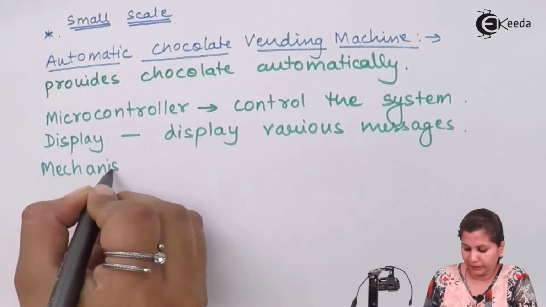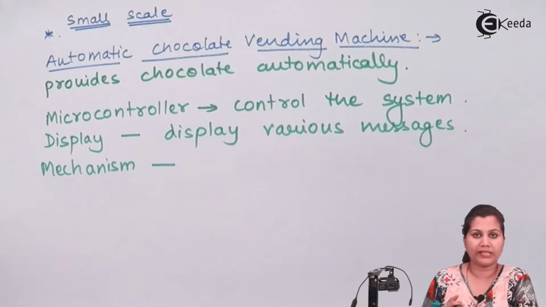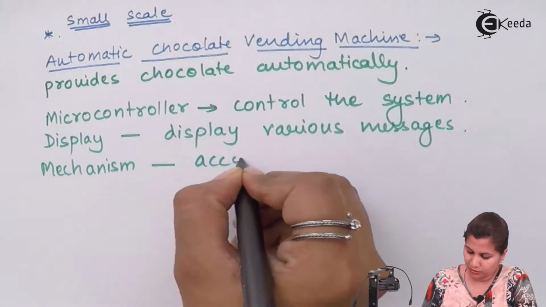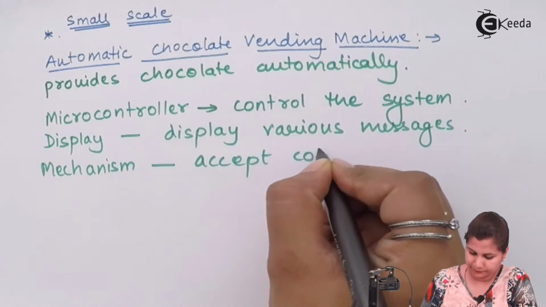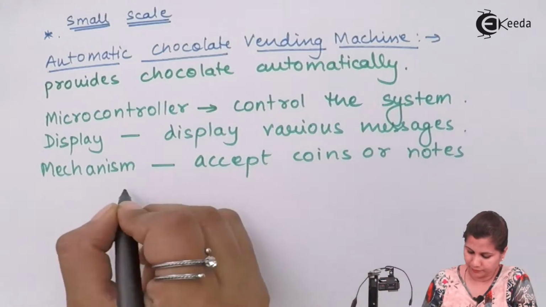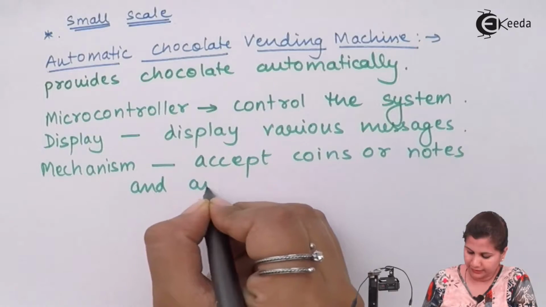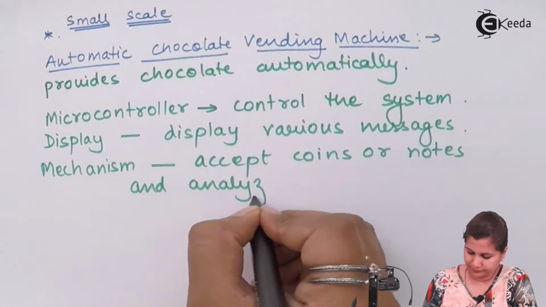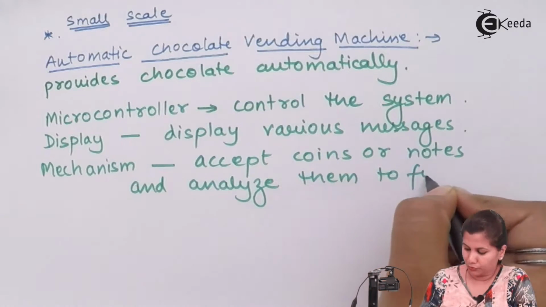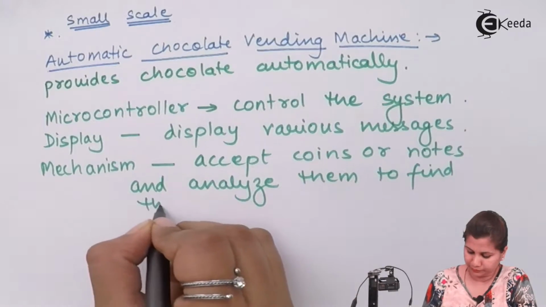Also, there is a mechanism to accept the coins and notes from the customer and to recognize how much money is given by the customer. So there is a mechanism to accept the coins or notes and analyze them to find their value.